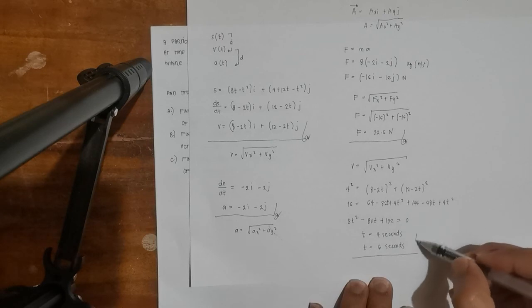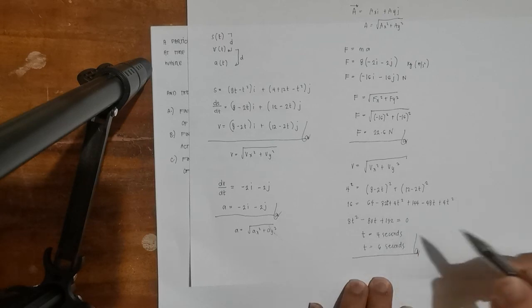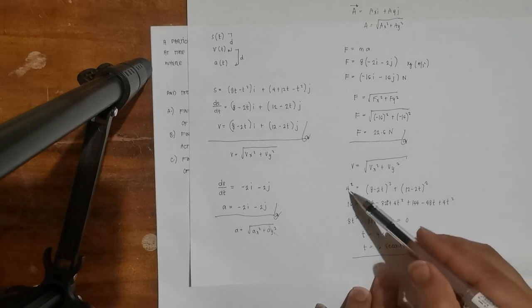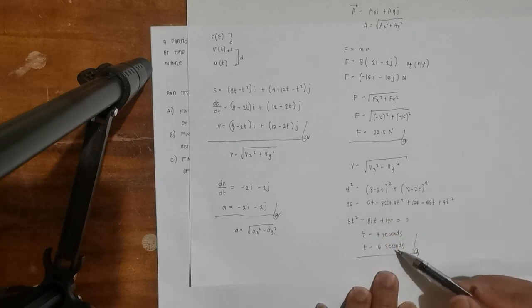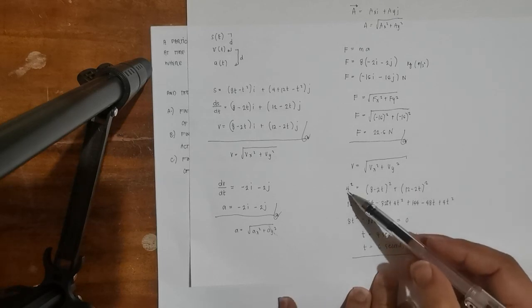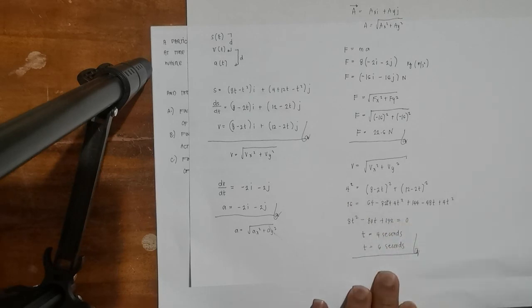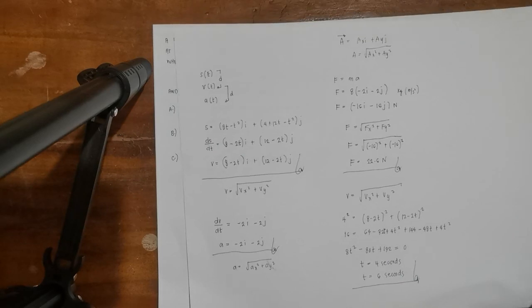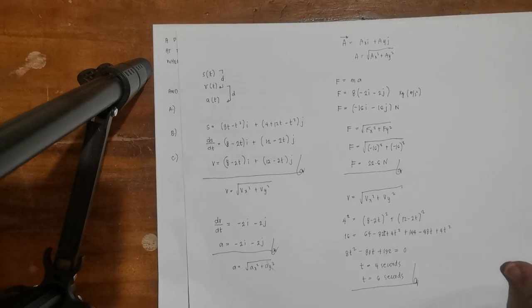And both of these values are correct. So, at 4 seconds, the speed will be 4 meter per second. And also at 6 seconds, the speed is also 4 meter per seconds. And these are the requirements for this given problem.